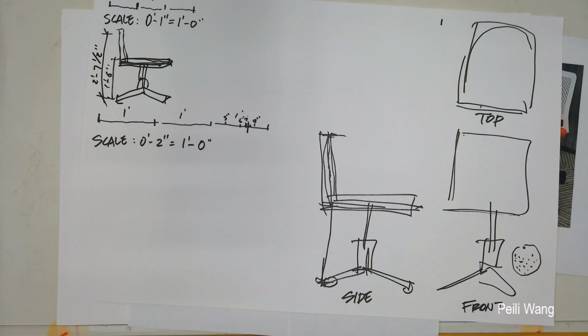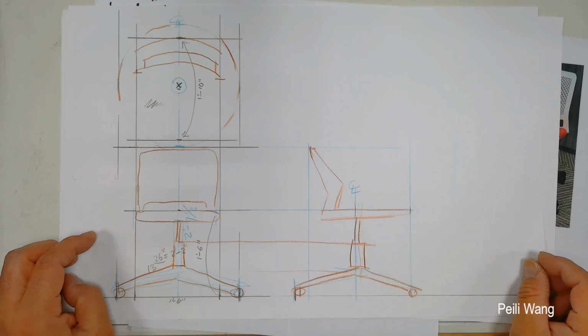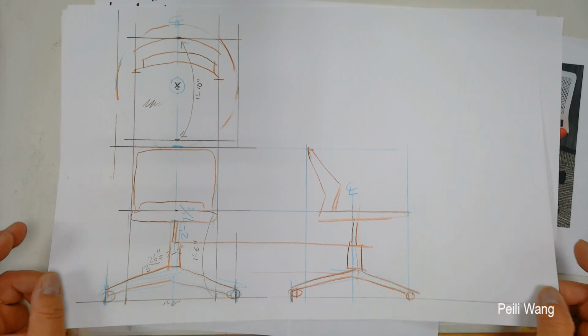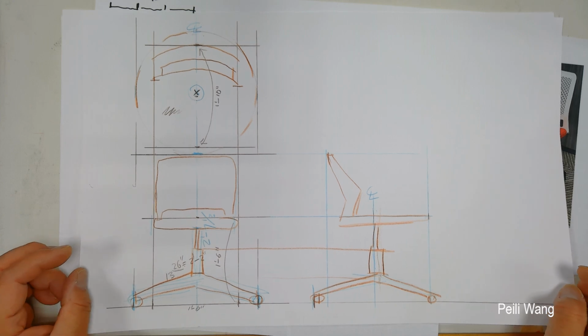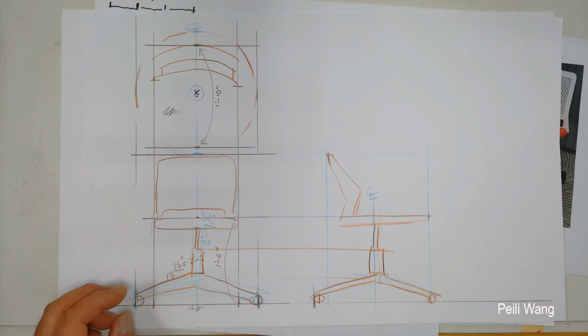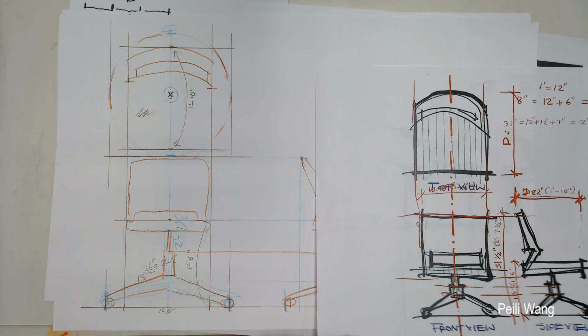What I'm going to do is make this drawing. This is a drawing on 11 by 17 paper. I make it exact size, following the dimensions from here. So here it provides us the dimensions.